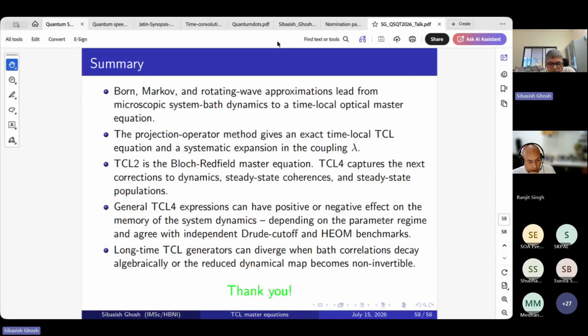May not be. The stochastic master equation which you are talking about, the quantum Langevin equation kind of thing, I am not sure whether you get to see the divergence.